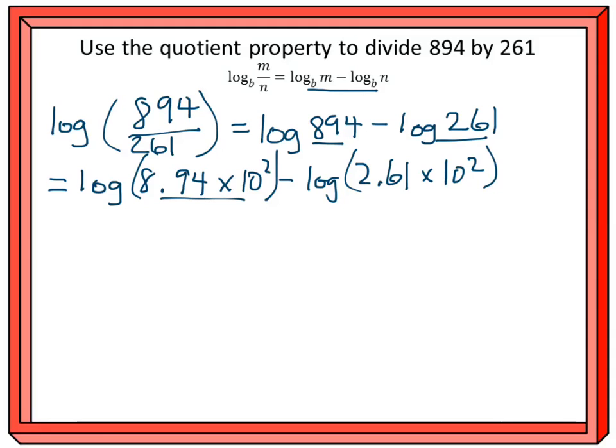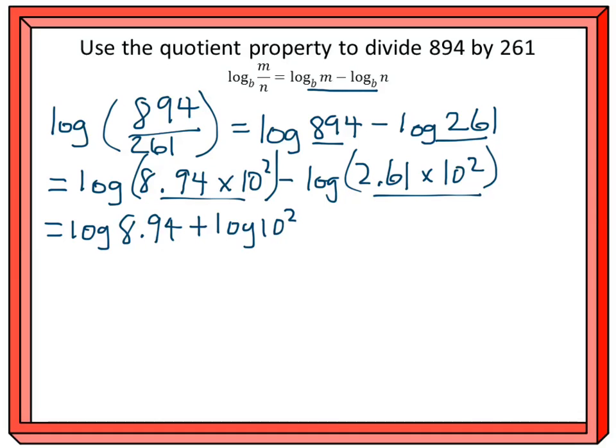Okay, so in each one of these logs, I have a product. And so I can use the good old product property on that one and break that up as a sum. So this is the log of 8.94 plus the log of 10 squared.